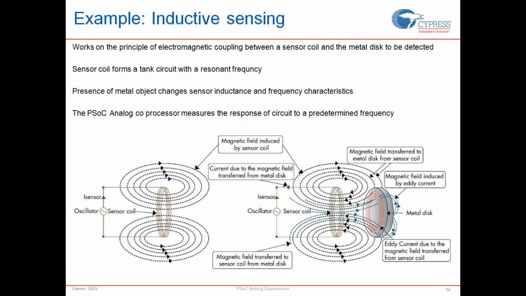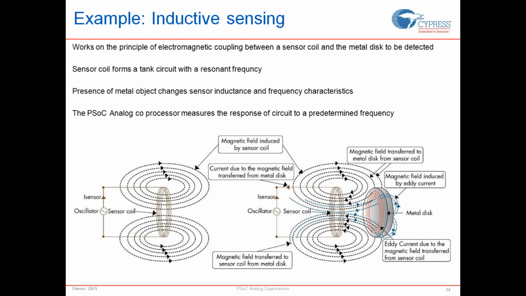So that's what we're going to try and do. We're going to have a coil. We're going to sense the metallic object by measuring the inductance of this coil. To measure the inductance of the coil, we're going to take the coil and make it part of a tank circuit, an RLC resonance circuit, and then we're going to use a signal to excite the circuit and see what the output of that circuit is going to be.